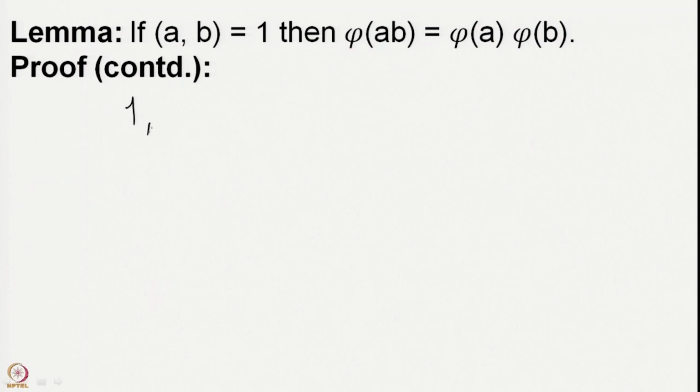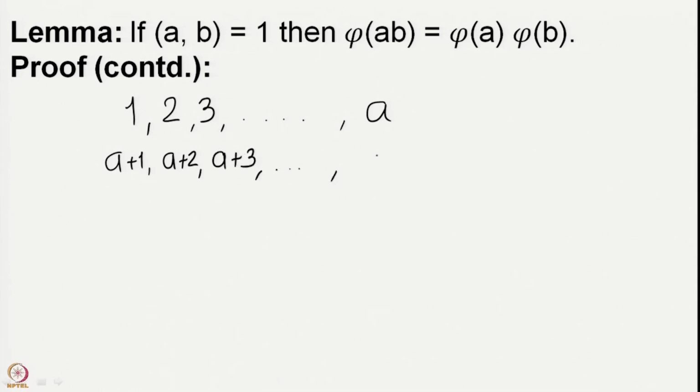So, the proof would go again by writing all these elements as multiples of A, three A and so on.